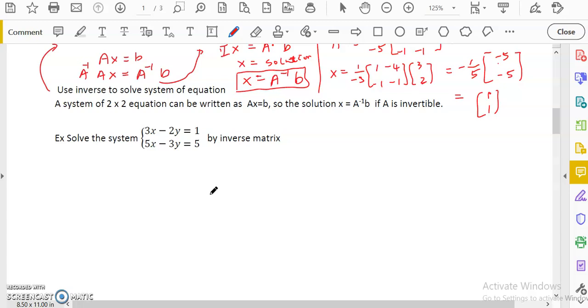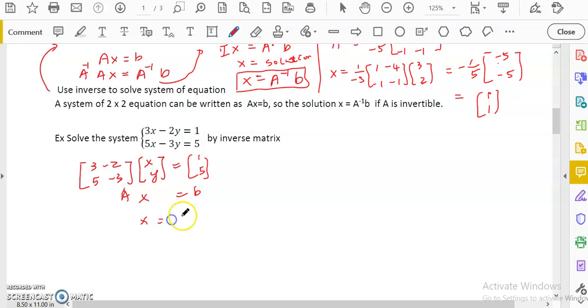So let's see if I can use it to solve systems also. So remember we will write the coefficient matrix 3, -2, 5, -3, times my x, y or x1, x2 equal to 1, 5. So this would be in matrix equation form, and we say x is equal to A inverse B. So what is A inverse?